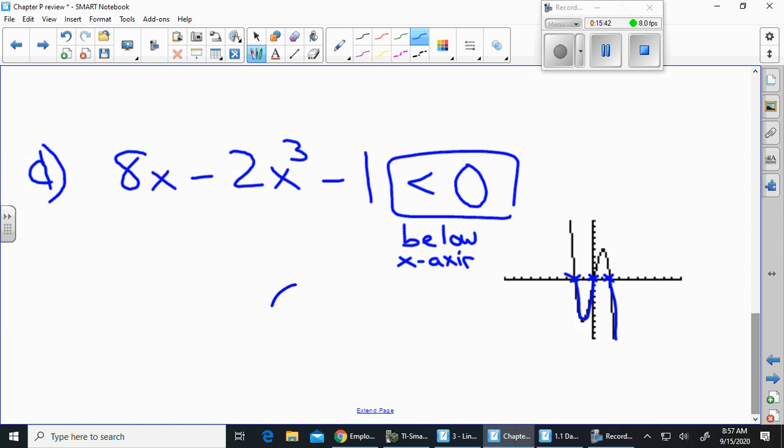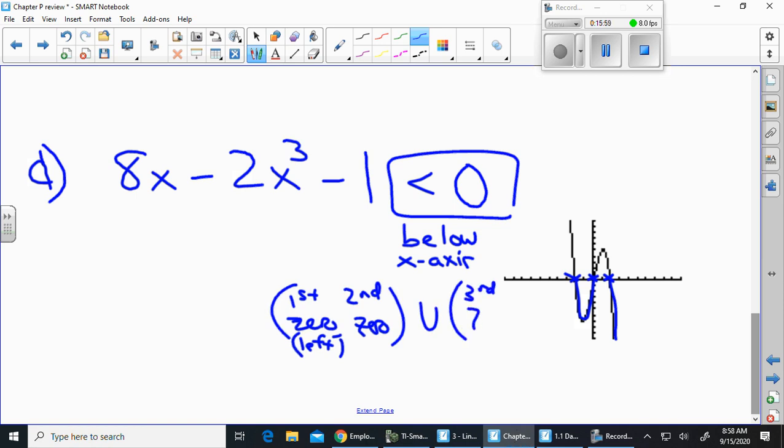This would be the first 0 to the left, to the second 0, it's below. Union, the third 0, which is the one to the right, to infinity. So I'm just not taking the time to get those. So hopefully that helps if you needed any extra work or assistance.